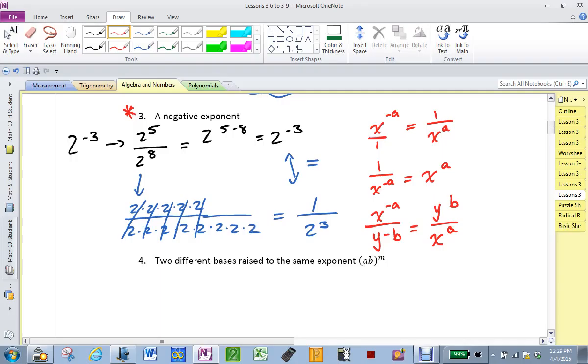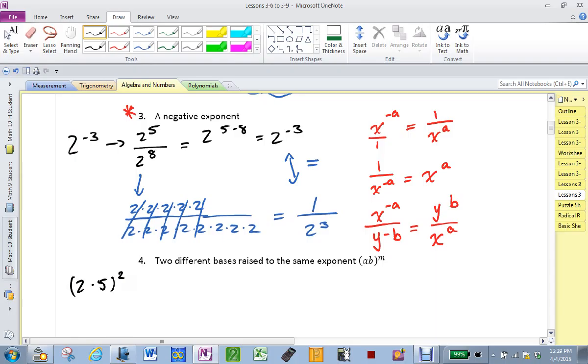Good. Now, number 4 is old, isn't it? I've gone back to the old, haven't I? But this one you already know. Right? This one in grade 9 had 2 ways to show you. Okay? In grade 9, this is the 2 ways we wrote it. 2 times 5 squared.